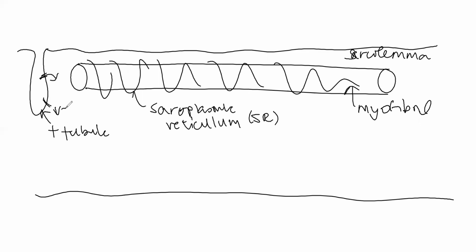So we're getting sodium rushing in all along the length of this muscle cell. These T tubules dive in deep and carry the nerve impulse or action potential right to where these myofibrils sit.